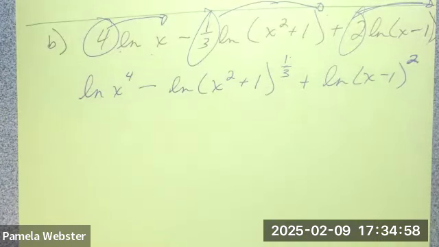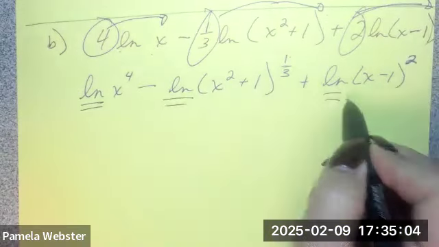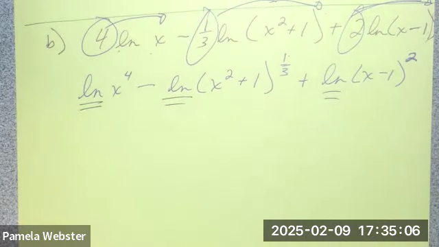Okay. Now that I've gotten rid of that multiplication out in front, I'm looking at all of these going, is it the same base? ln, ln, ln. Yes, they're all base e. So now, yes, I can indeed cram all of these things back together, which is great. Okay, so which one goes where?